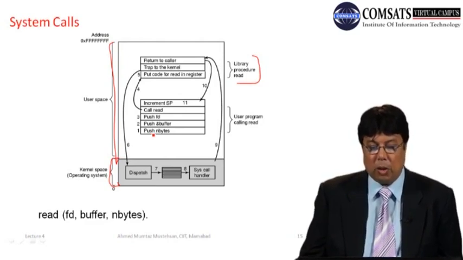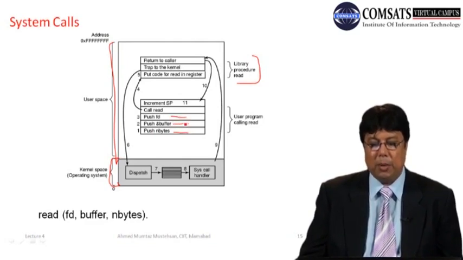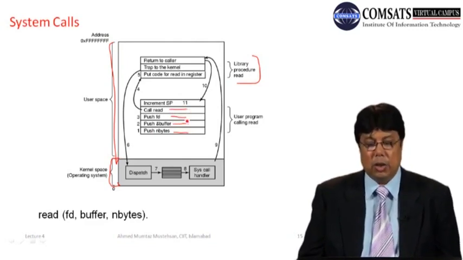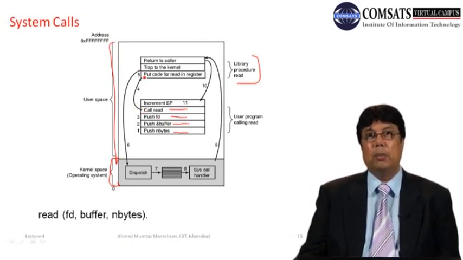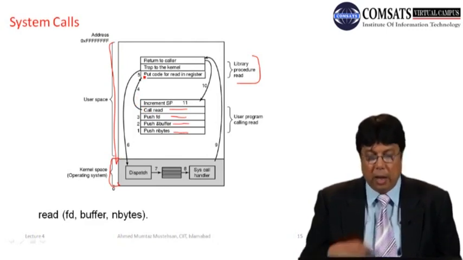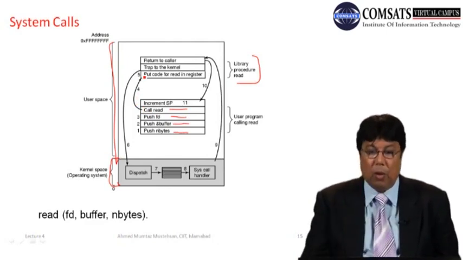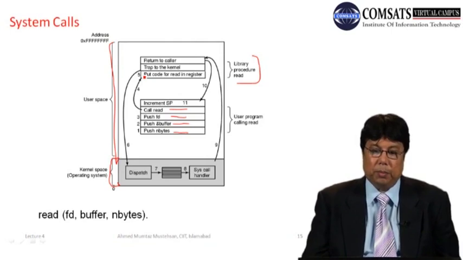तो that read system call में आपने number of bytes provide किए, आपने buffer का address provide किया, आपने file descriptor provide किया, आपने read instruction provide की. So this particular read instruction will take you into the library procedure. So basically you have invoked the library procedure.